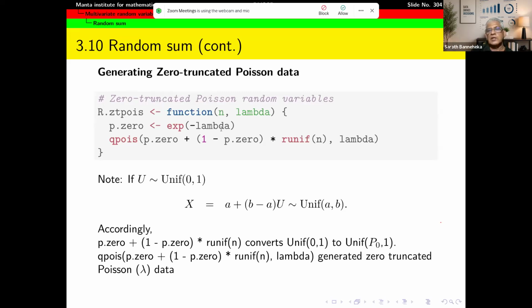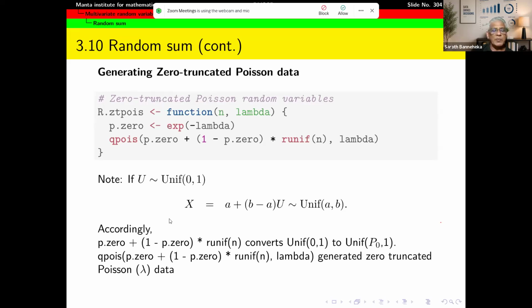That is the same as dpois(0, lambda). From a usual Poisson distribution, it is either e to the power minus lambda or dpois(0, lambda), right? Now I want to get probabilities between that P0 value and 1.